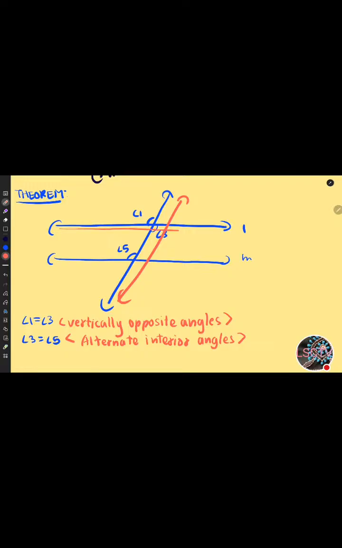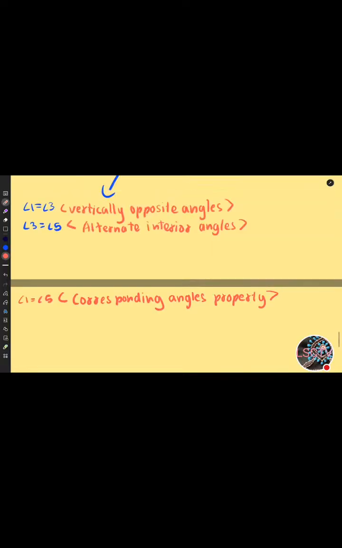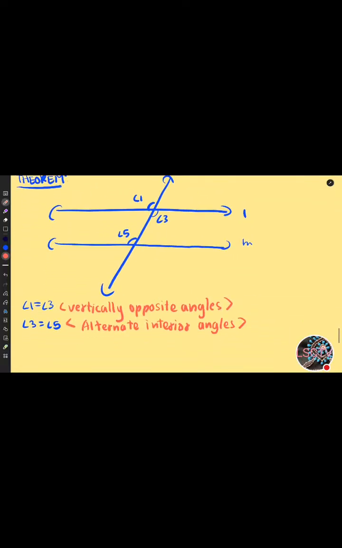They are also lying on the same parallel lines. These lines are parallel to each other. That's why we are discussing this. So we can say angle 1 is equal to angle 5 by the corresponding angles property. Angle 1 is equal to angle 5.